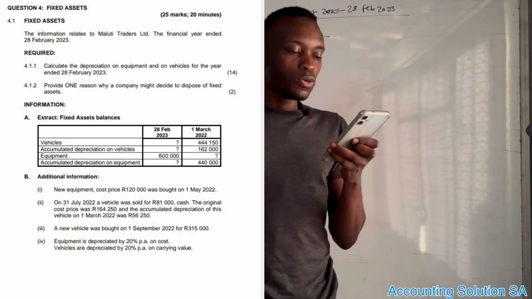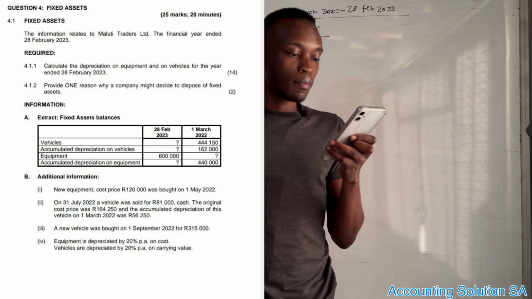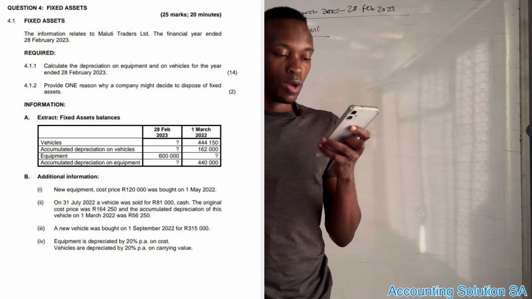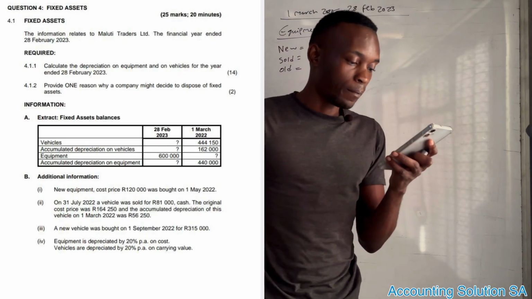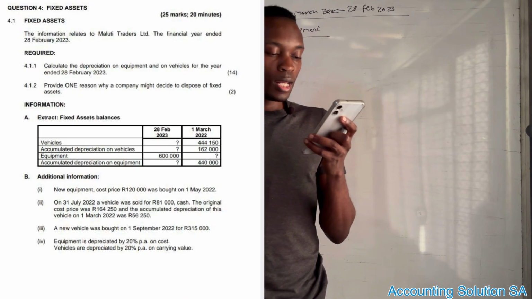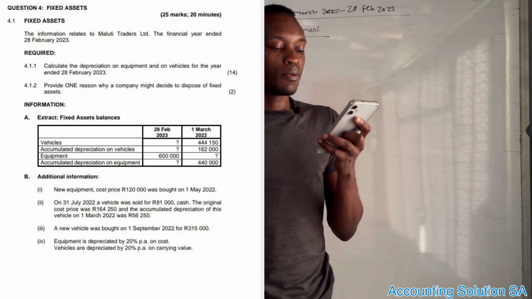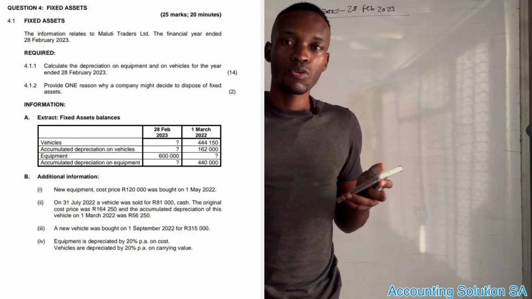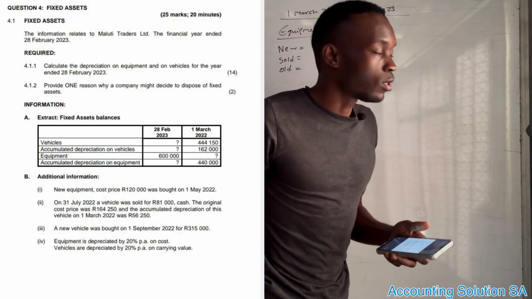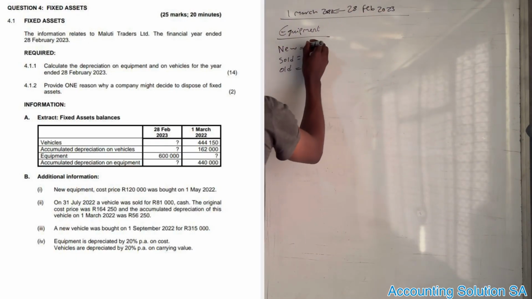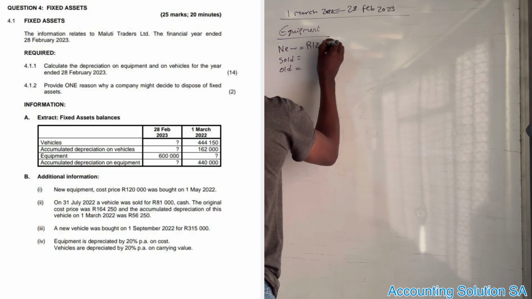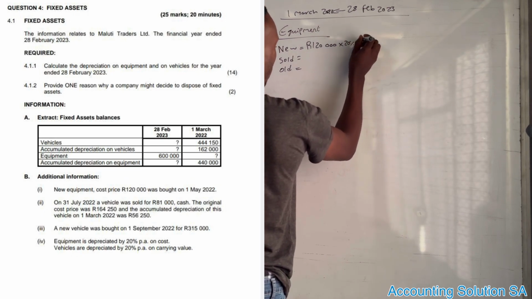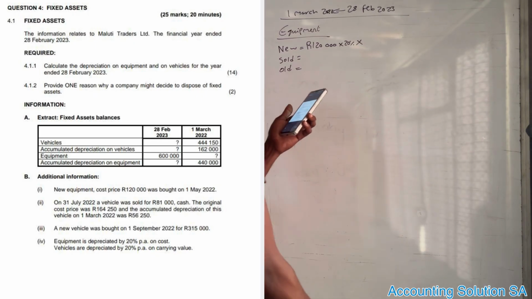Yes. New equipment under additional information number B with a cost price of 120,000 was bought on 1 May 2022. Okay, and they say that equipment is depreciated by 20% per annum on the cost price. Cost price method, we just use the cost price only to calculate depreciation. The new one is 120,000 multiplied by 20%. We have to count the months. Why?